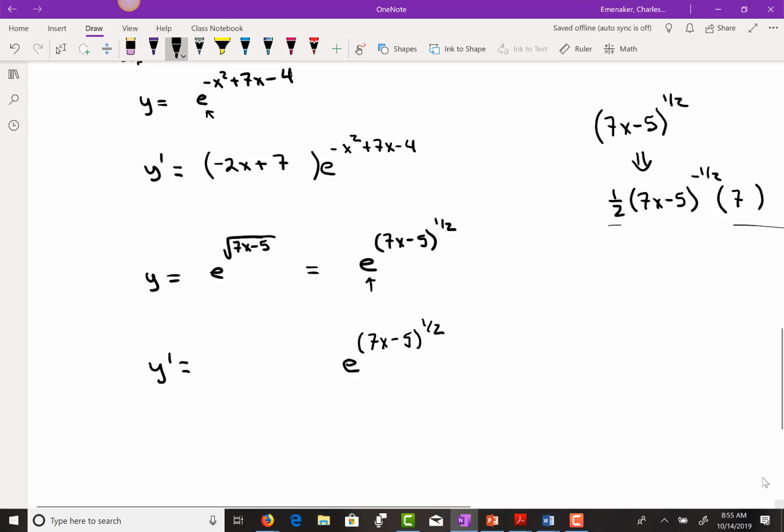You can take the 1/2 times the 7, and that's going to give you 7/2 times this 7x minus 5 to the negative 1/2. And there's the derivative. All that stuff together is the derivative of that function. Does that make sense?